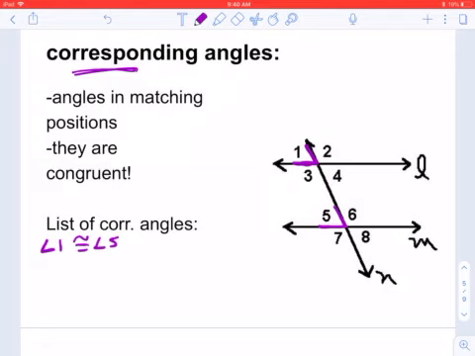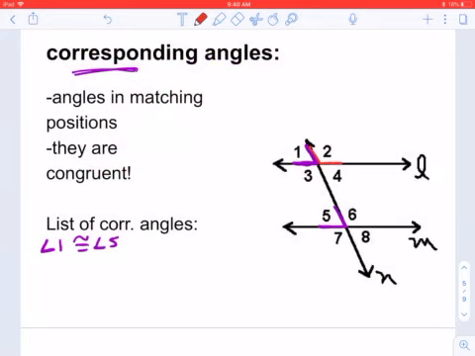It's like you are doing a translation, really. It's like you're taking angle 1 and just sliding it down the transversal, and it lands in the position where angle 5 is. Those match one right over the other. If we were in class, we would have done an activity like that. Anyway, let's try another pair of corresponding angles. So let's take a look at angle 2.